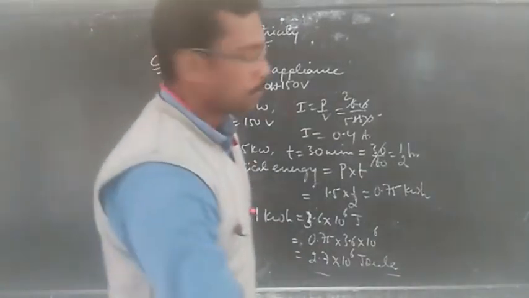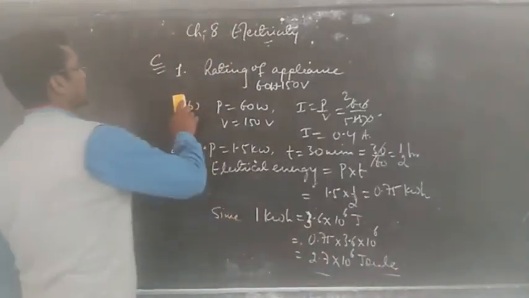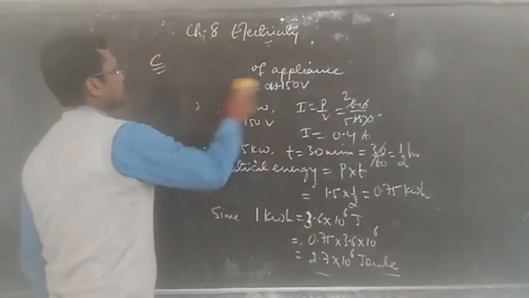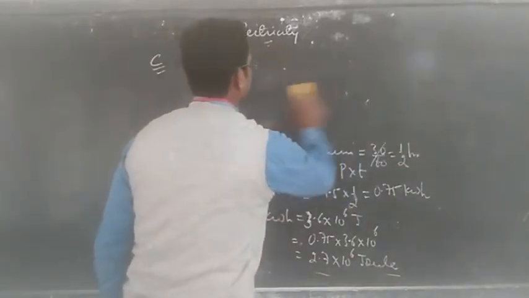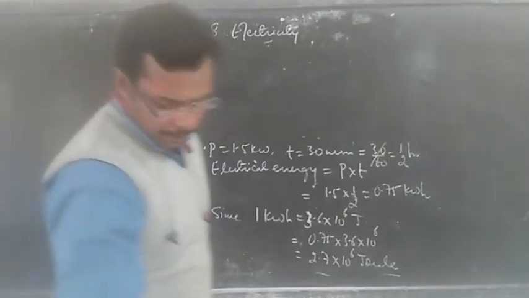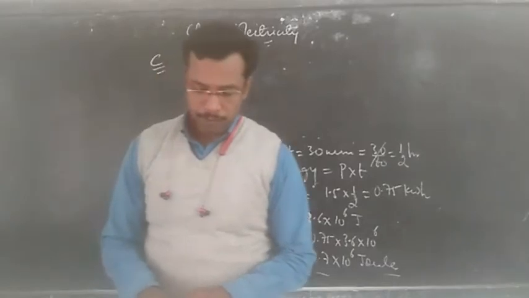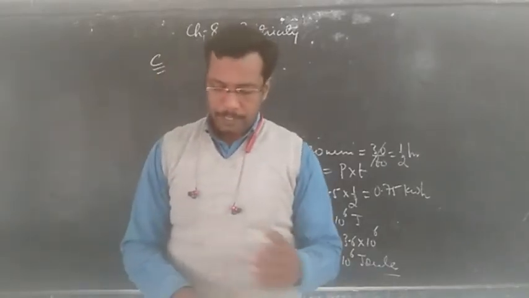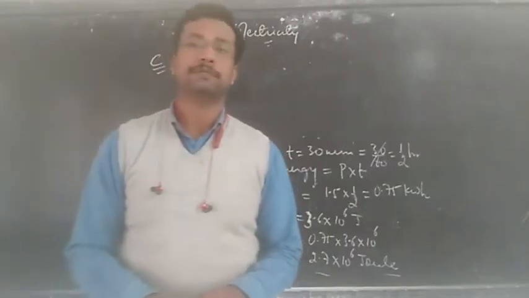Let us now move to the third question. Question number 3 is, assuming the electric consumption per day to be 12 kilowatt hour and the rate of electricity to be 6.25 per unit.